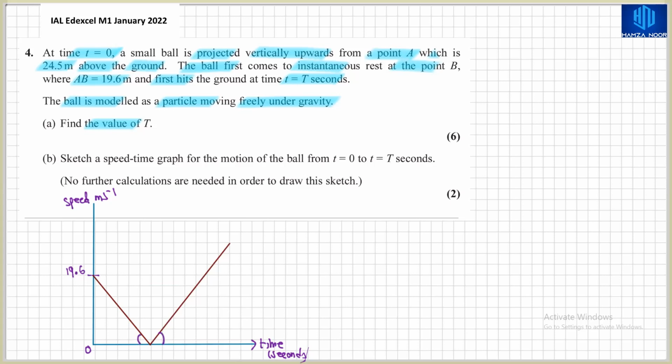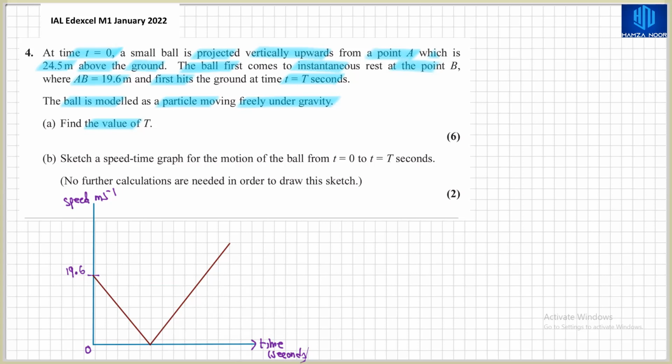You don't need to make a much distinguished line, meaning you do not need to make a line with different angles from the horizontal. You need to make sure, because the absolute value of the gradients of these two straight lines will be obviously the same, which is 9.8, and obviously the final speed by which the ball will hit the ground would be higher than 19.6.